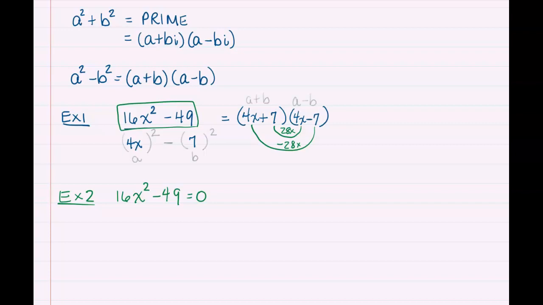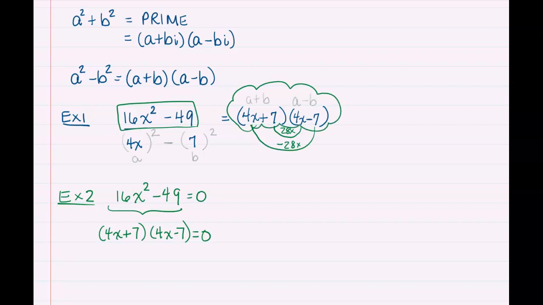So let's go on ahead and factor. In fact, we already know the answers to our factored form. That's going to be 4x plus 7 times 4x minus 7. And it's still equal to 0. Notice we just use our factored form that we found up here.